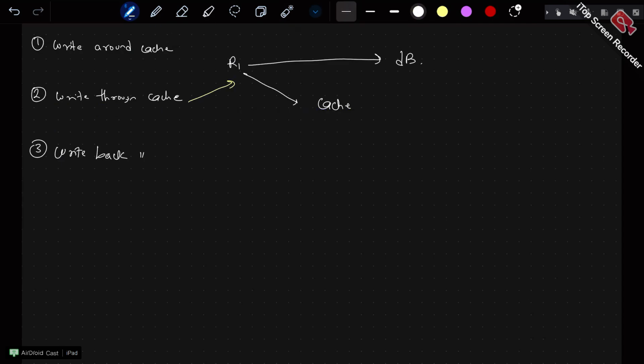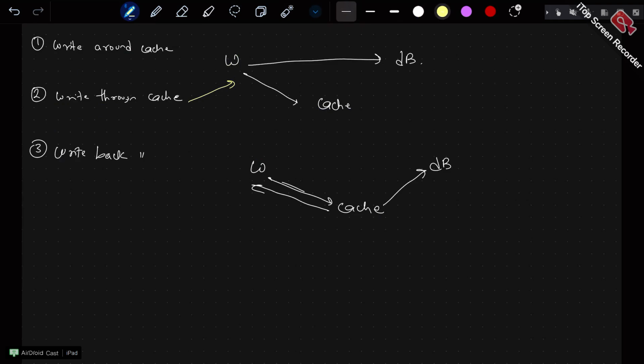Now, W is for write request. Let me write it down so that you'll be able to understand better. There can be one mechanism where your write request comes in and it only writes to cache and then responds back, and then the cache updates the DB.